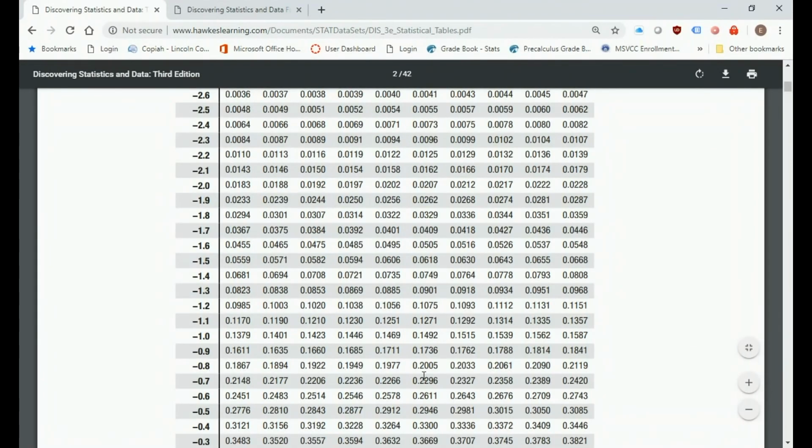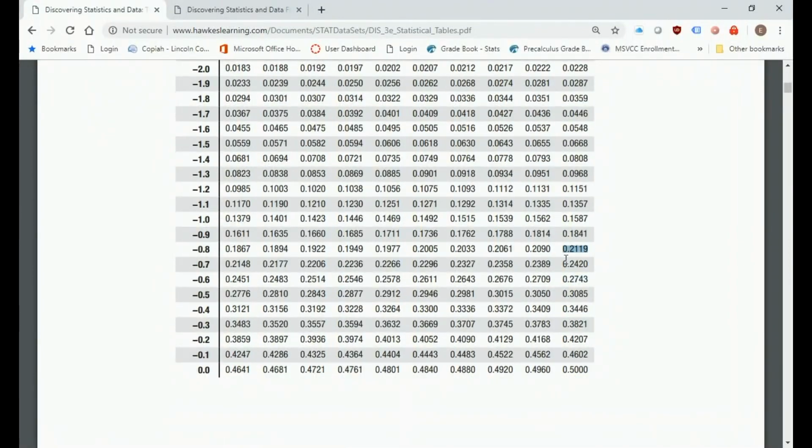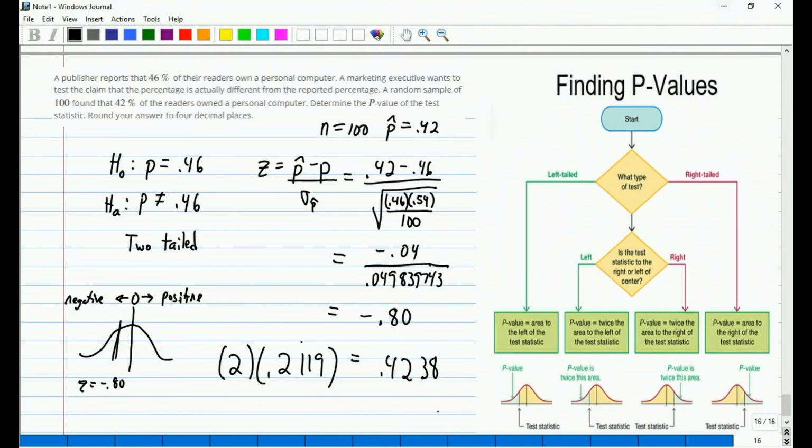Negative 0.8, and then 0 is right there. Correct. So 2 times 0.2119 is the answer I got.